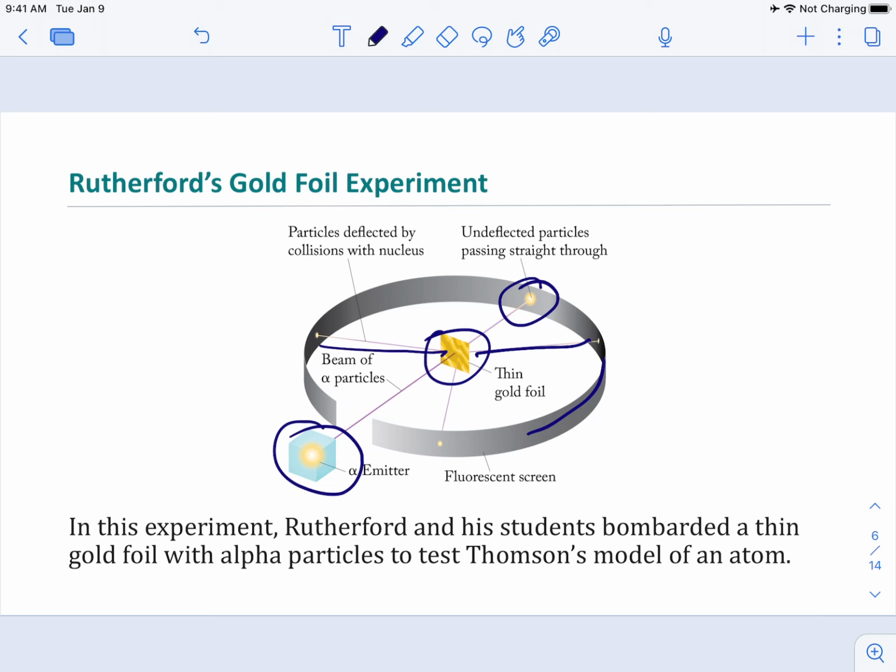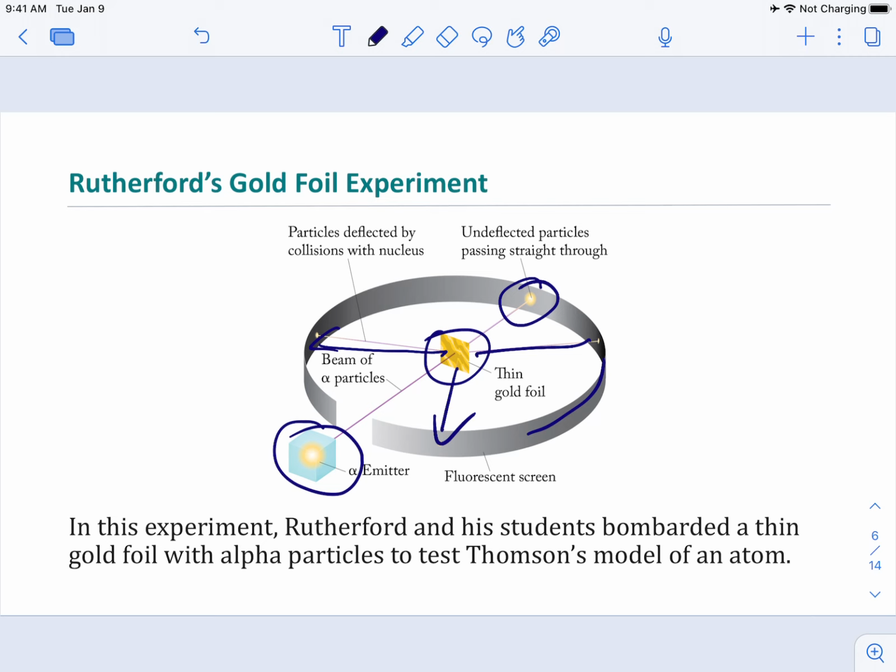But then this is what woke him and his graduate students up, was the fact that, I actually think there was an undergraduate working on this too, that there were some of these that looked like they had bounced off of hitting something really solid.